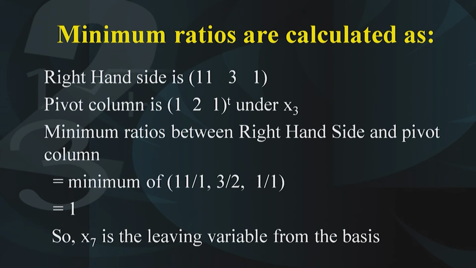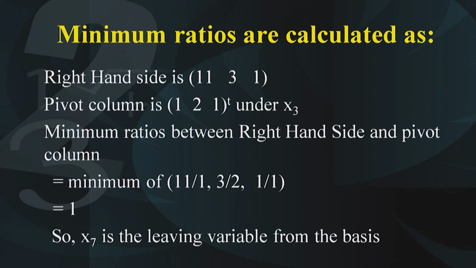What do you conclude? Out of these the minimum is 1, and since the minimum is 1, it corresponds to the variable x7, and therefore x7 has to leave the basis.